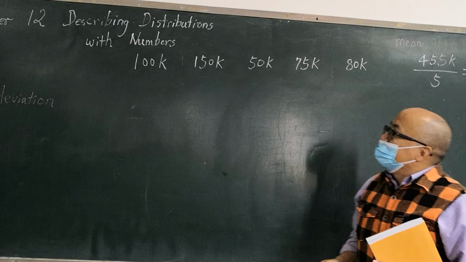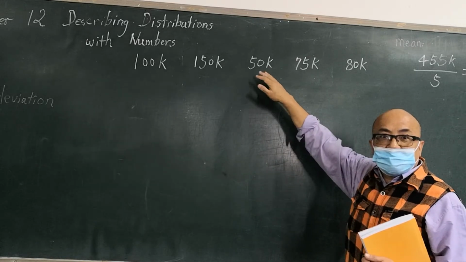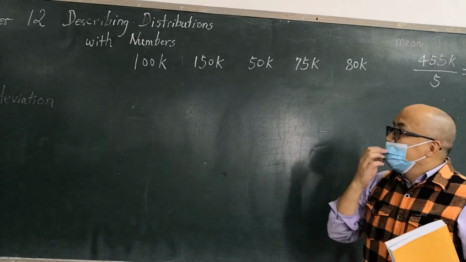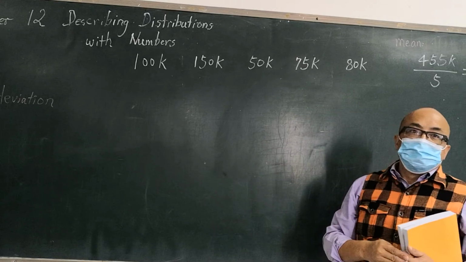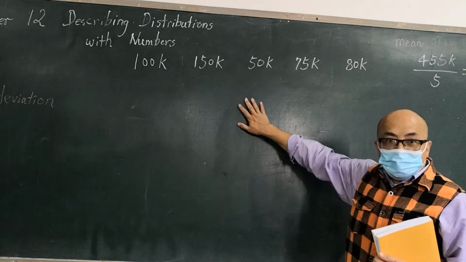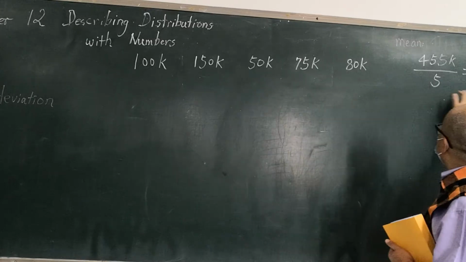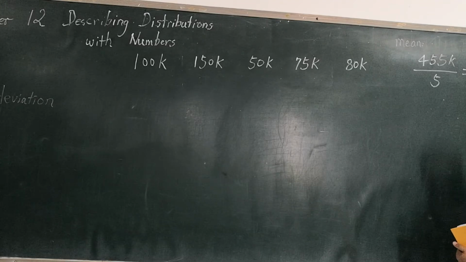Yes. This is the average housing price on that street. However, there's one problem. So we say, on this street, the average housing price is 91,000.